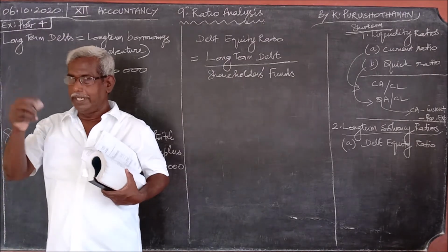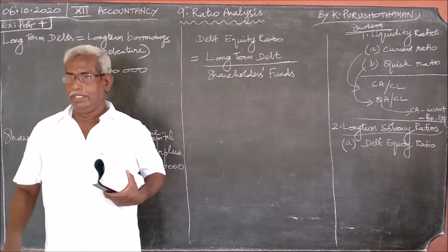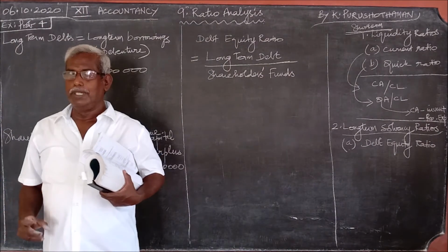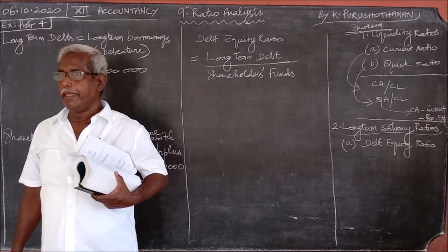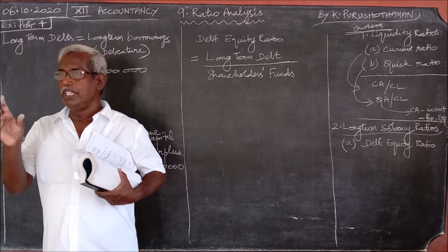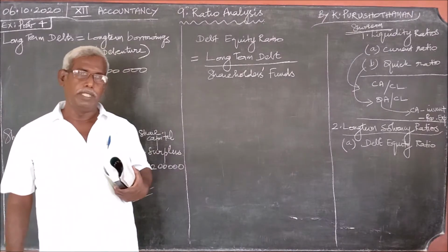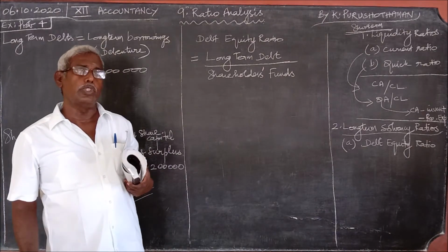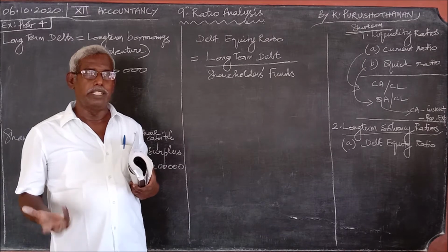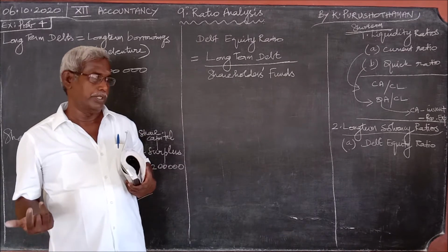Say for example, in a company, if the amount to be invested is 6 crores, that 6 crores cannot be collected from a single person or from 100 persons.